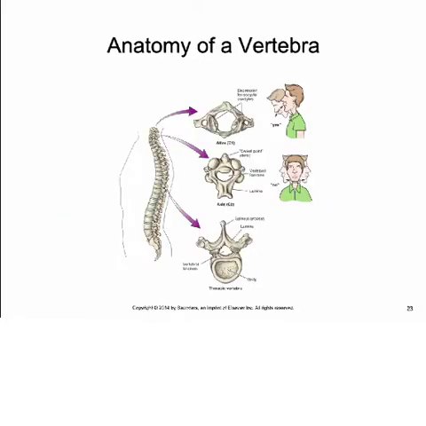Other portions that you can see here, we can start down here with a typical thoracic vertebrae, the body, the vertebral foramen, the spinous and the transverse processes. These are the lamina, and down here these are the pedicles. This is a superior articular facet, and on the underside, where the vertebrae stack, is the inferior articular facet.